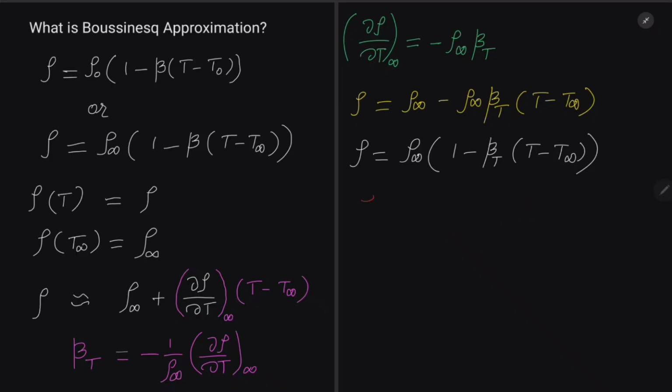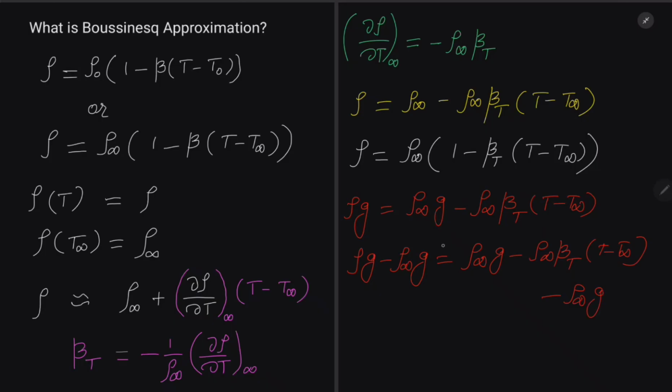So we have rho minus rho infinity, times g. We can write this as rho g minus rho infinity g, which becomes rho infinity g minus rho infinity beta T, T minus T infinity, minus rho infinity g. That will cancel out.